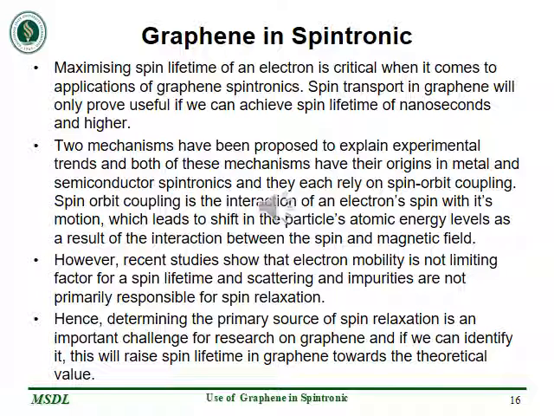However, recent studies show that electron mobility is not a limiting factor for the spin lifetime, and scattering and impurities are not primarily responsible for spin relaxation. Hence, determining the primary source of spin relaxation is an important challenge for research on graphene, and if we can identify it, this will raise spin lifetime in graphene towards the theoretical value.